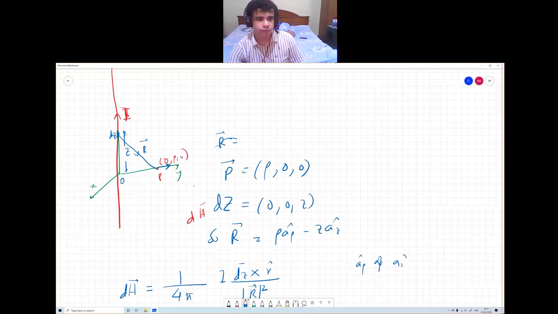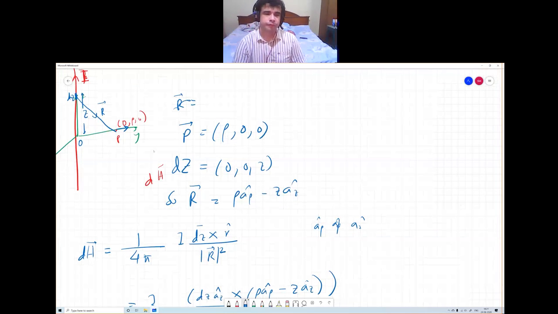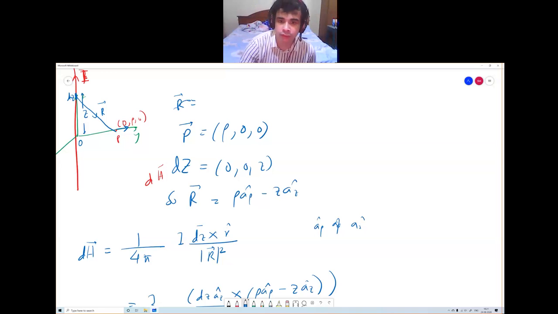Therefore, r would have been the final point minus initial point, so rho a rho minus z az.